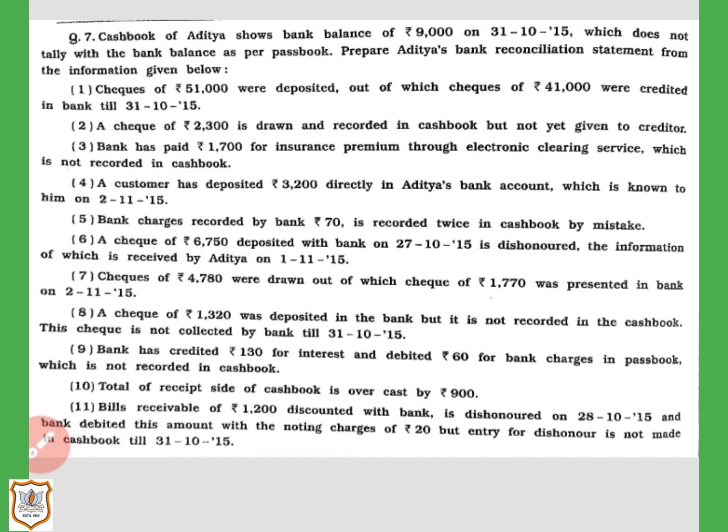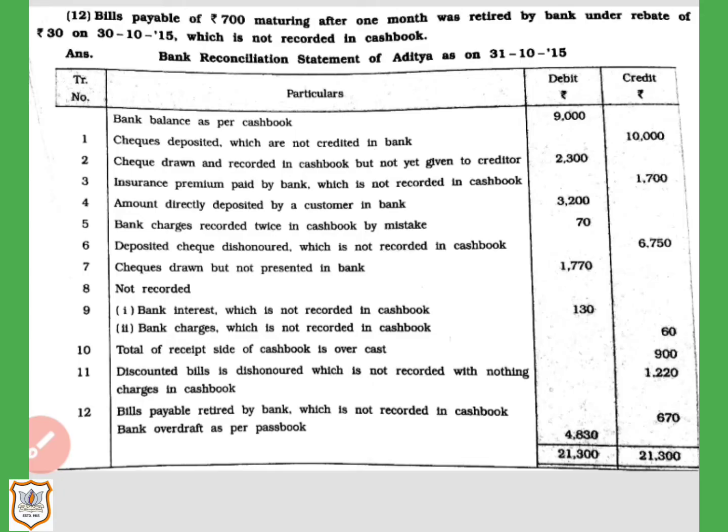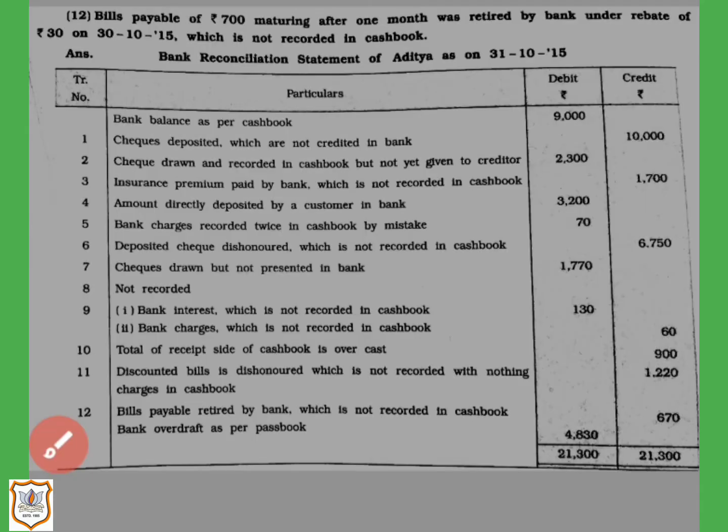So in BRS also we will record it in credit column of BRS. Here it is, insurance premium paid by bank which is not recorded in cash book, amount is rupees 1,700. Now let us move to next information.